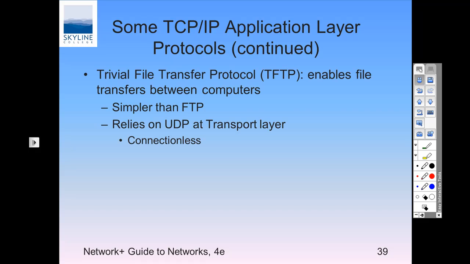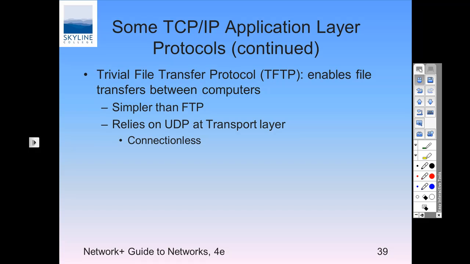TFTP, Trivial File Transfer Protocol, the file transfer between components is simpler than FTP. It's a UDP protocol. FTP runs on TCP, TFTP runs on UDP. Is that a protocol, and then inside the protocol there can exist another protocol?